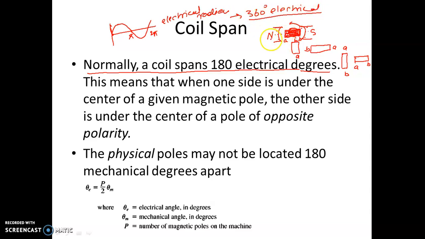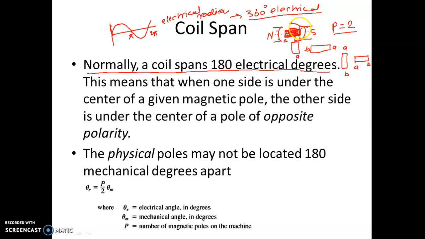But you see what you are doing here: you are rotating this mechanically 360 degrees, and then 360 electrical degrees are also obtained. When you rotate mechanically, the induced EMF in the conductor also goes through 360 degrees. So in this case the number of poles is P equal to 2, and the electrical angle and mechanical angle are the same.